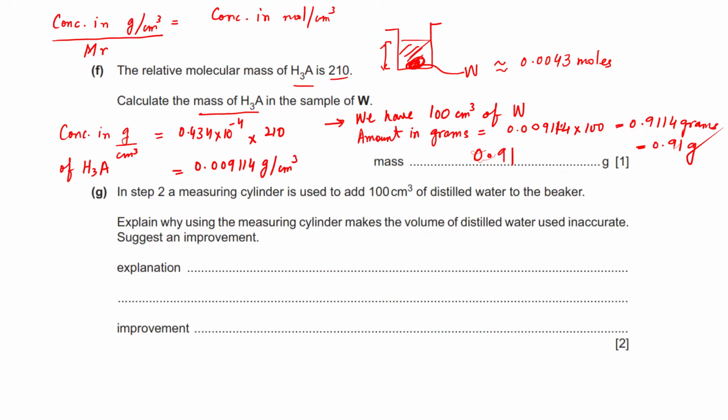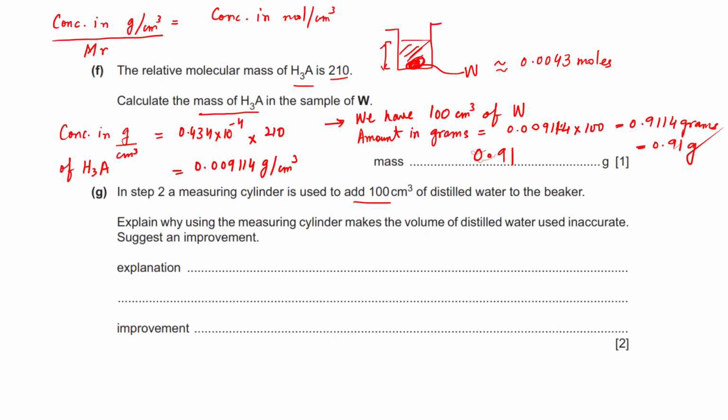Then part G, it says in step 2, a measuring cylinder is used to add 100 centimeter cube of distilled water to the beaker. Explain why using the measuring cylinder makes the volume of distilled water used inaccurate. Suggest an improvement. So remember, generally a measuring cylinder does not have fine resolution. Mostly the ones we find in our lab are calibrated to 1 centimeter cube or at best 0.5 centimeter cube of resolution.